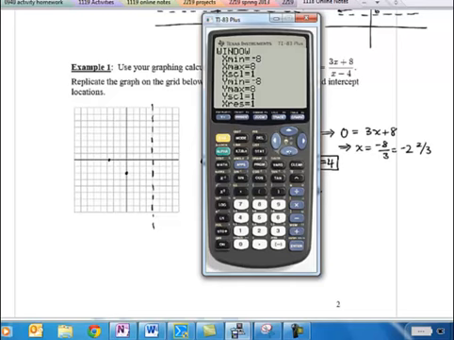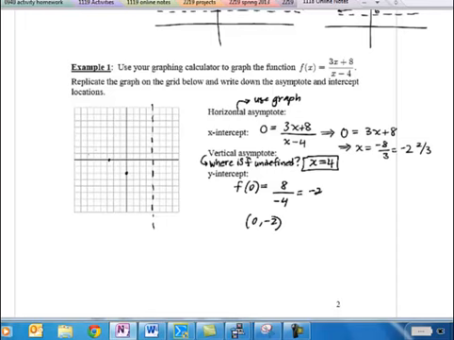Let's say maybe let's make it up to 20 and see if we can see anything. There we can. So we can see that this is actually a branch coming down through quadrant 1, coming from the positive direction, high y values, the closer we are to 4, and then coming down here. So let's sketch that much.